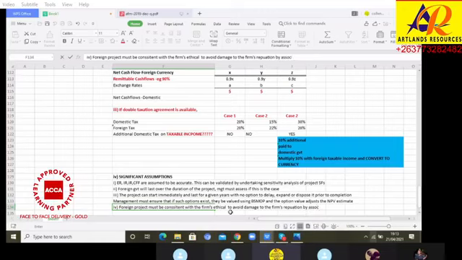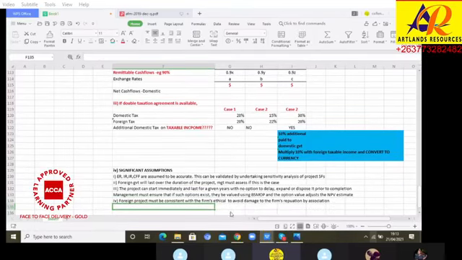You must ensure that this foreign project is consistent with the firm's ethical stance to avoid damage to the firm's reputation by association.